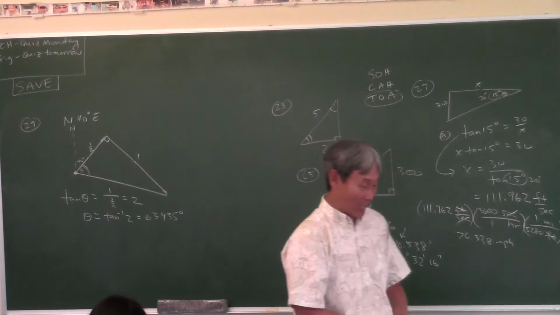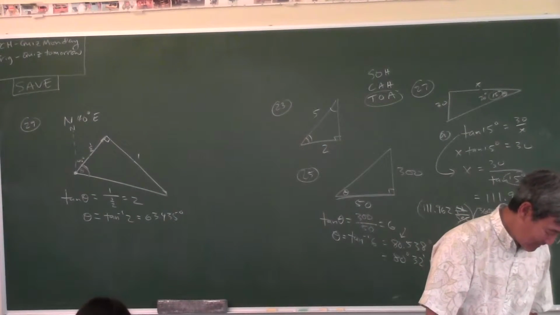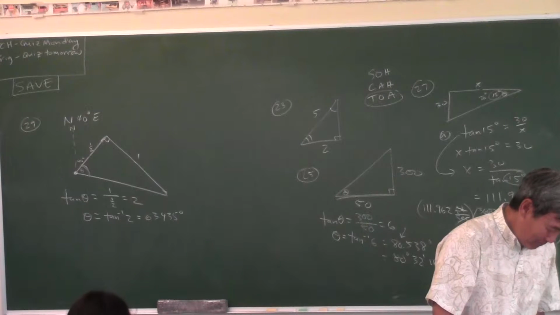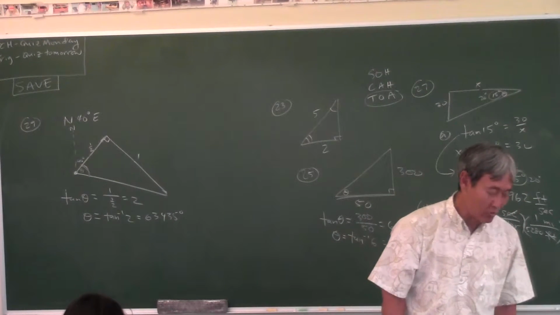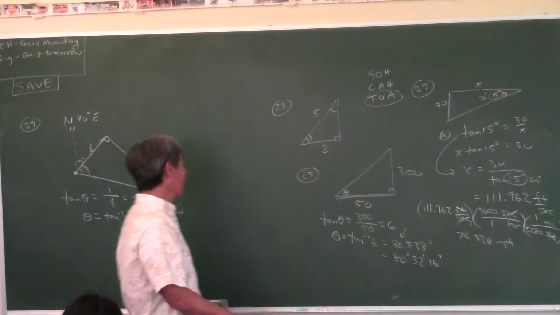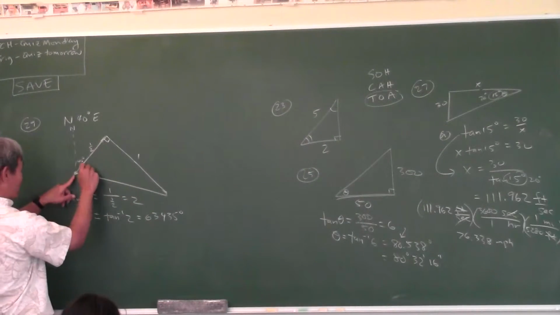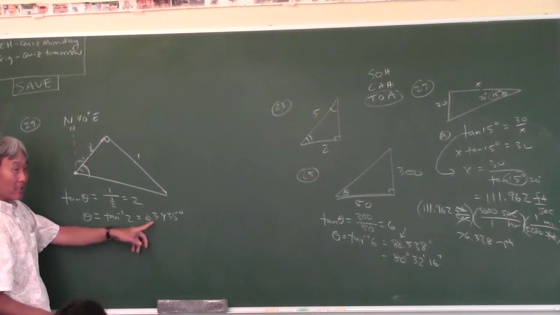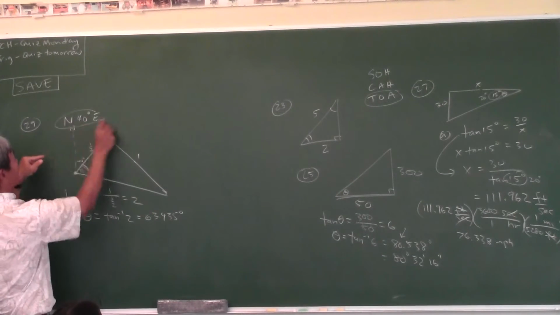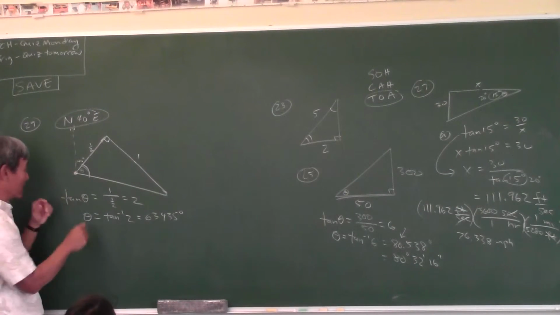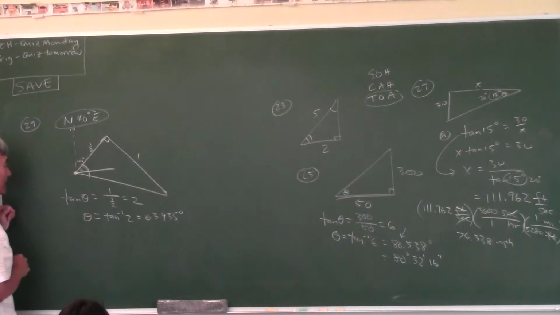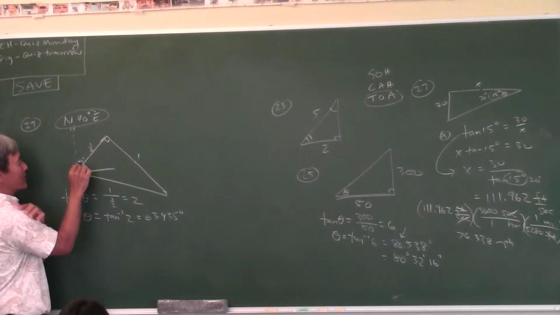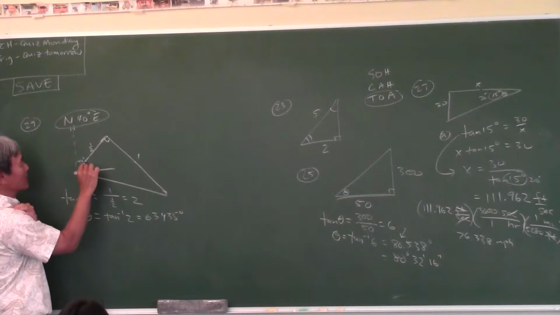However, you've got to answer the question. The question is asking, after the airplane goes 1 mile, what bearing should the control tower use to locate the aircraft? So we know this entire angle is this, but you've got to give something that looks like this. You've got to give a bearing. So what you've got to do is draw in the horizontal right here, like that. If this angle is 40 degrees there, what is this one there?